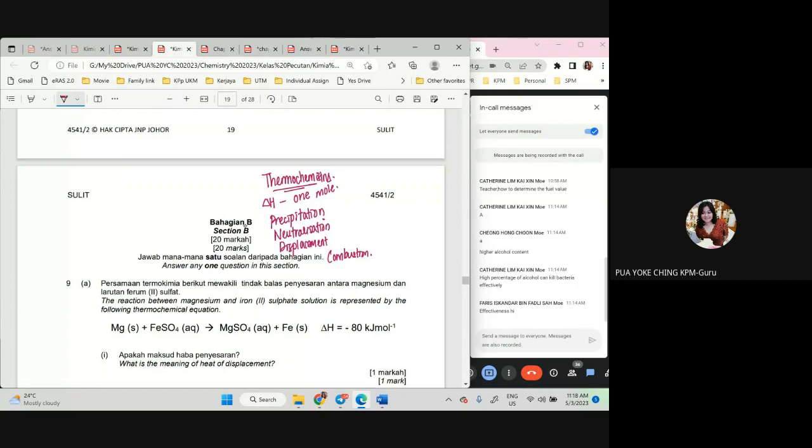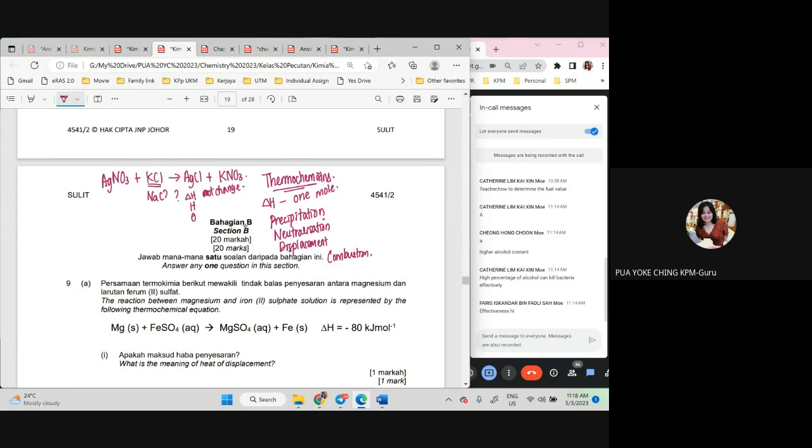Cuma biasanya kalau precipitation, it will ask you like, kalau Ag, okay, you use AgNO3 tambah KCl dapat AgCl tambah KNO3. Soalan yang dia biasa tanya is if I change to NaCl, what happened to the delta H? Answer dia no change. Bukan saja delta H no change, theta no change.